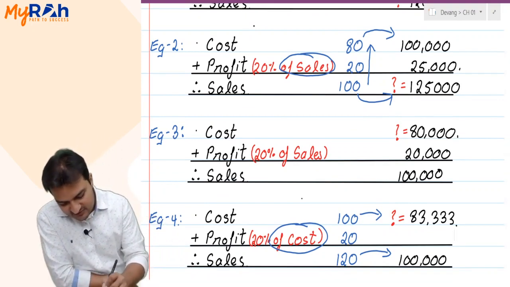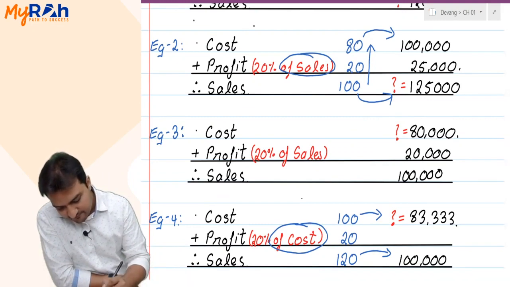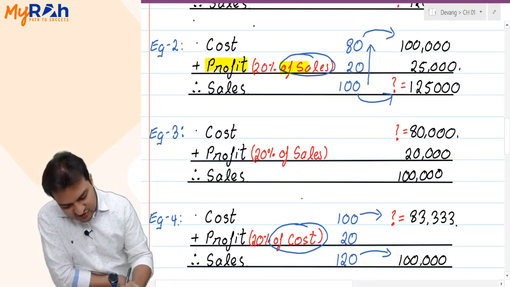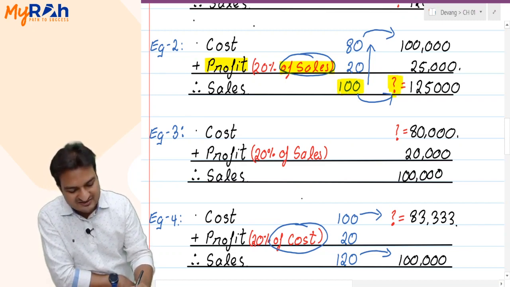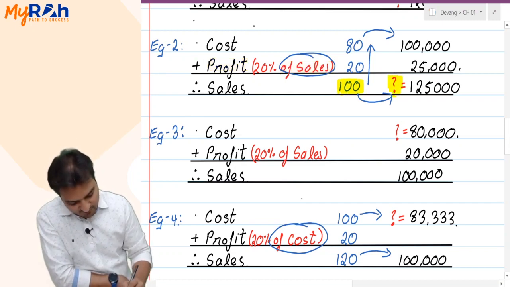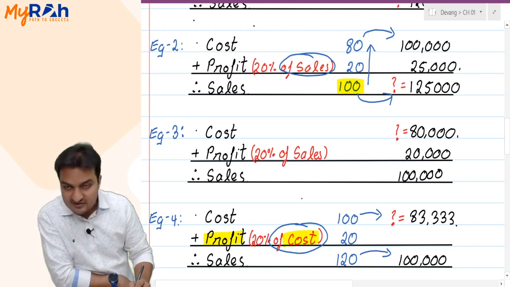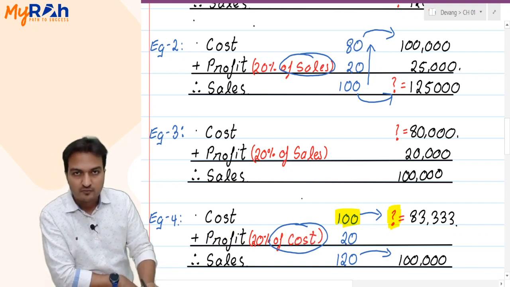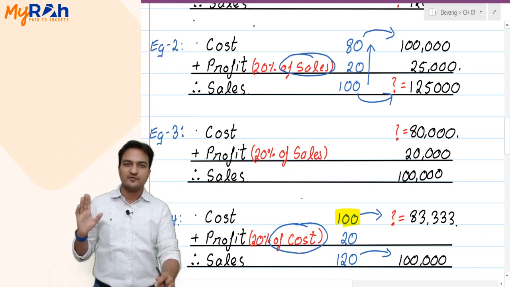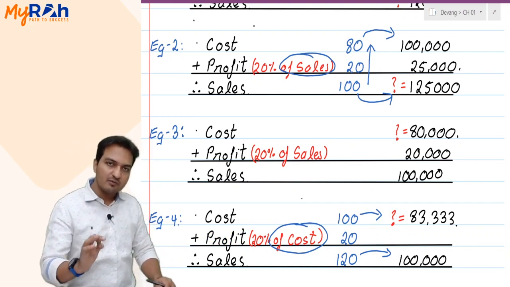Both places, profit was based on something and that something was missing, and I assumed that missing as 100. Done. This rule is my note number 1.